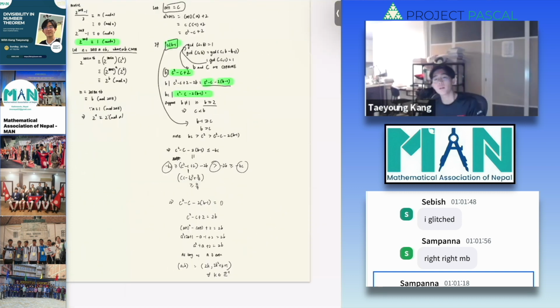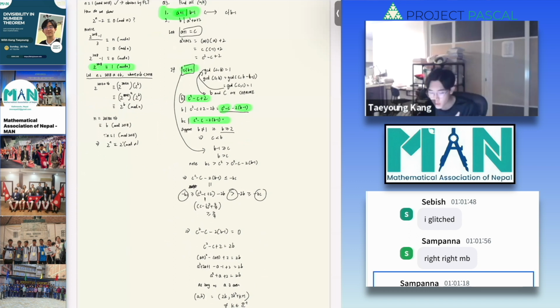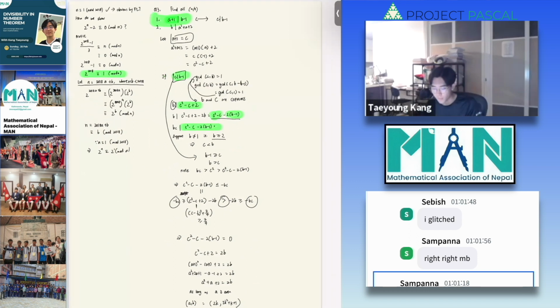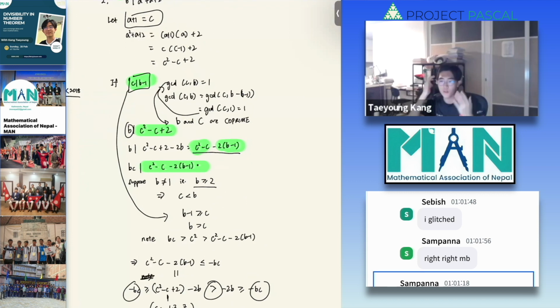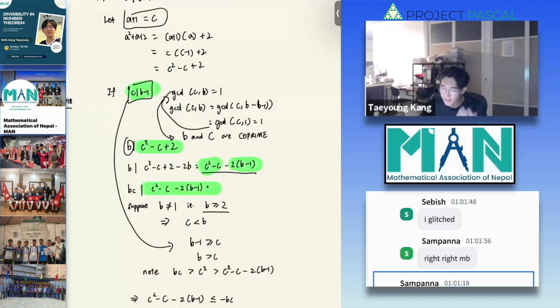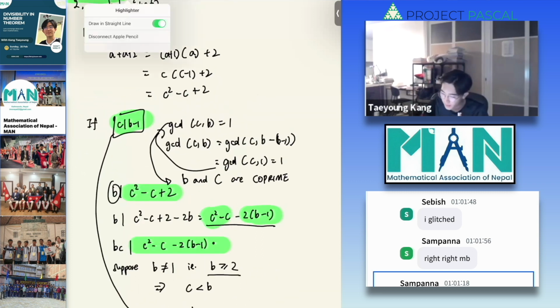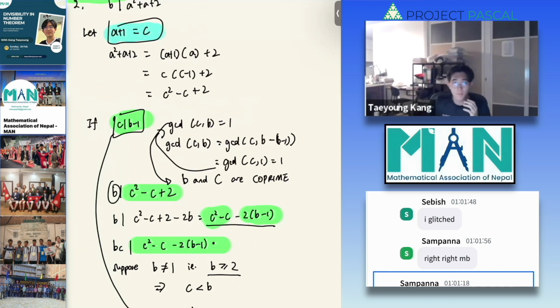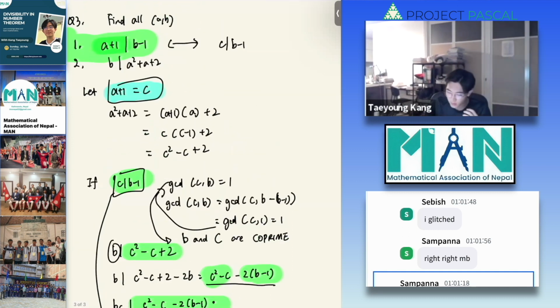Okay. So what was the main gist of the solution? The main idea was to firstly identify that b minus 1 is divisible by a plus 1. And we want to somehow exploit this fact, right? And that's what motivated us to make the substitution a plus 1 equal to c. Because with this divisibility condition, if we substitute c instead, we have that c is coprime to b.